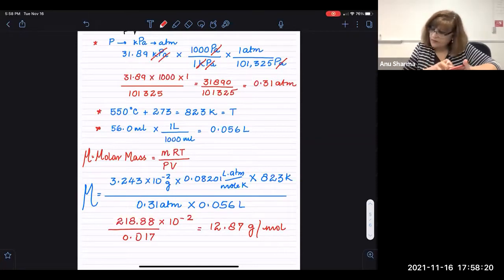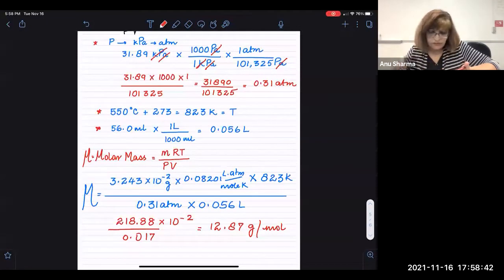How come? Maybe 126, maybe. Okay, 3.243 times 0.08201 times 823 is equal to 218.88. Then times 10 to the power 2. Then 0.31 times 0.056 gives you 0.017.